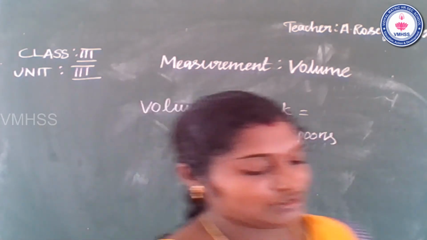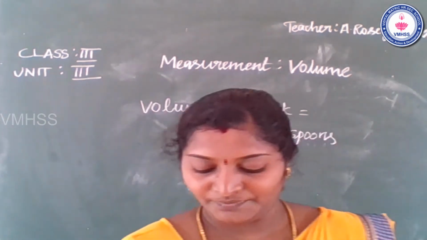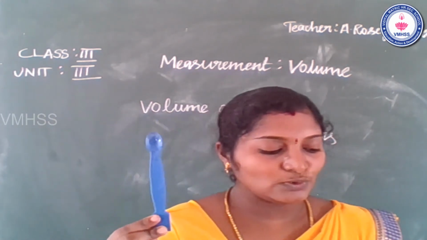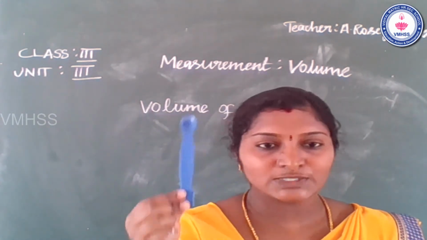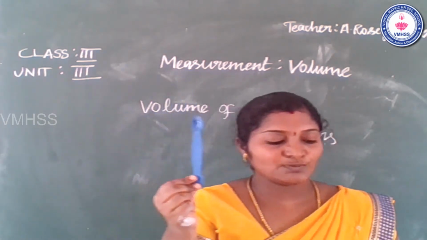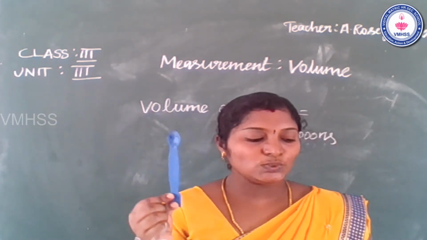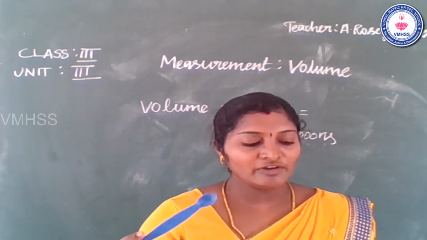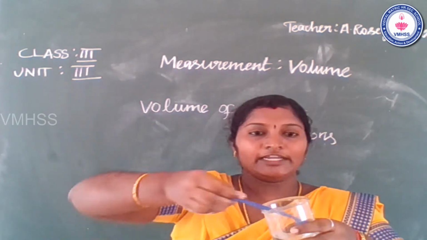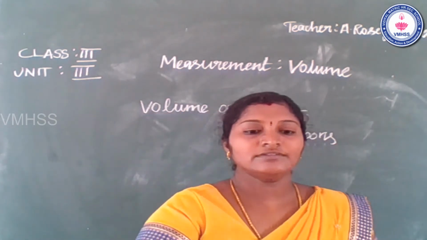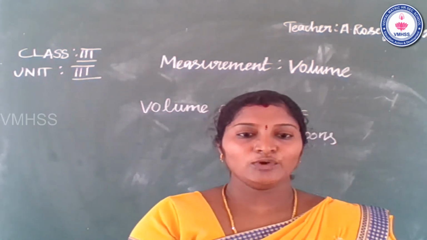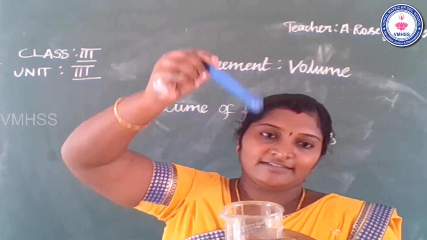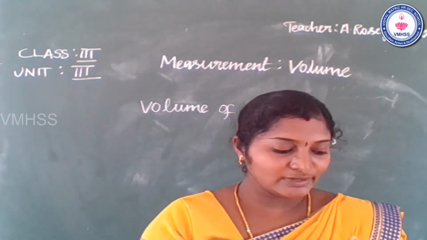See that, this is a spoon. This is the unit of measure, the spoon. I take one spoon. Next, fill the spoon with water and pour it into the flask. Second, fill the spoon with water.